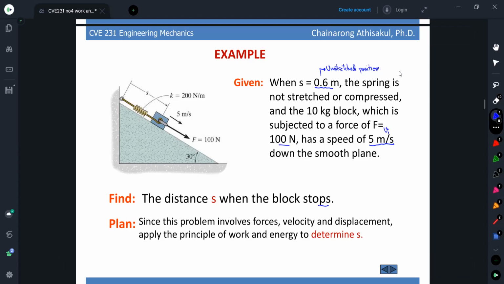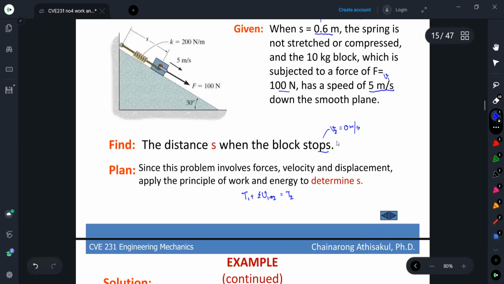When the block stops, it means that the velocity at the final position is 0 meter per second. Because this problem involves force, velocity, and displacement, we will apply the principle of work and energy to determine the displacement S. The principle of work and energy is stated as T1 plus summation of U1 to 2 is equal to T2.